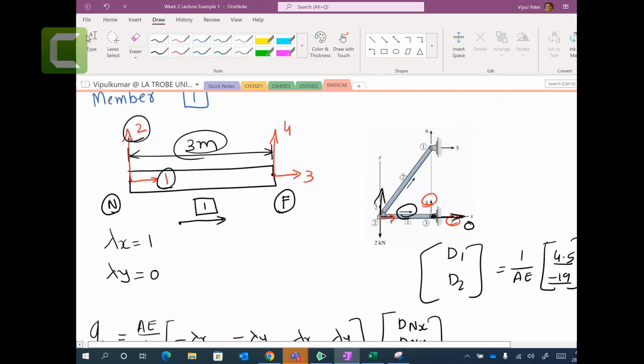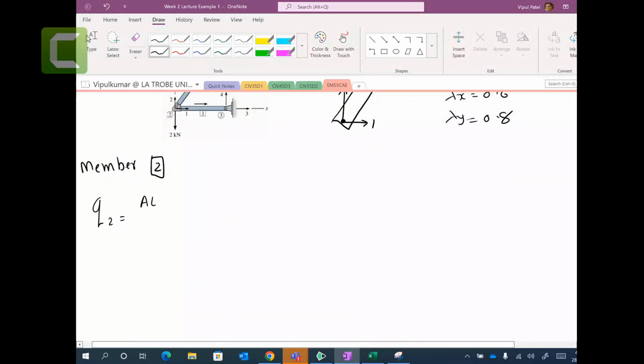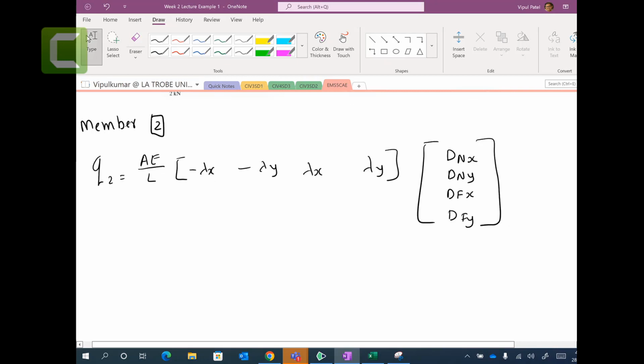Q2 equals AE over L, with the matrix: minus lambda x, minus lambda y, lambda x, lambda y, multiplied by displacement near node x, displacement near node y, displacement far node x, displacement far node y.